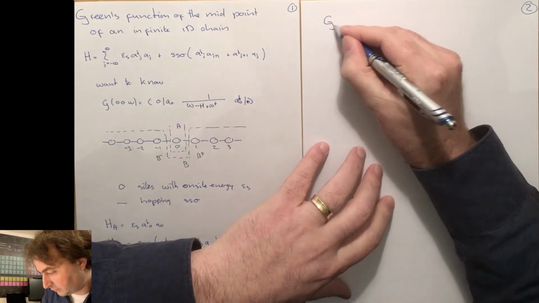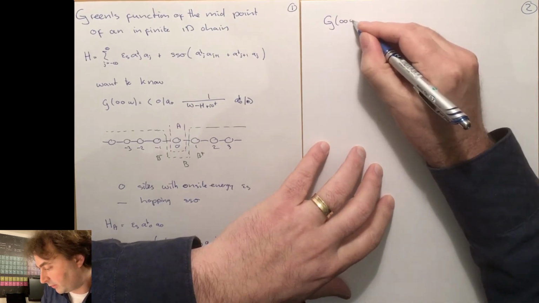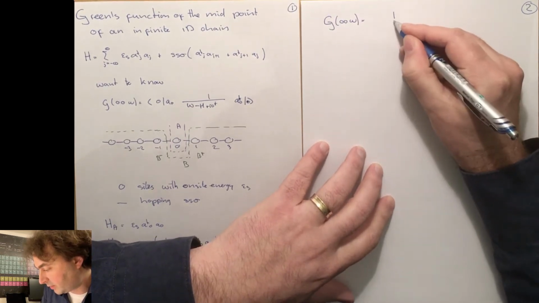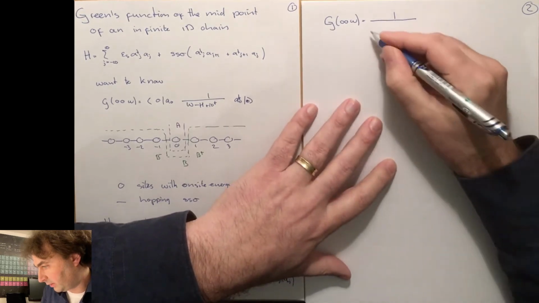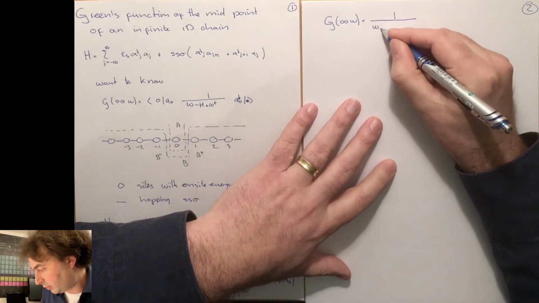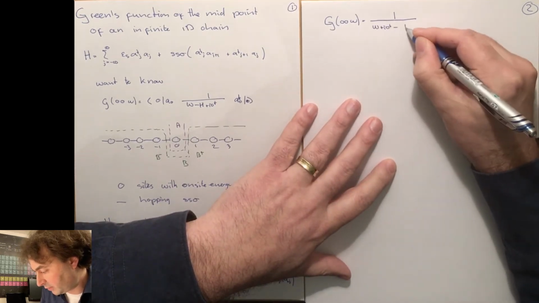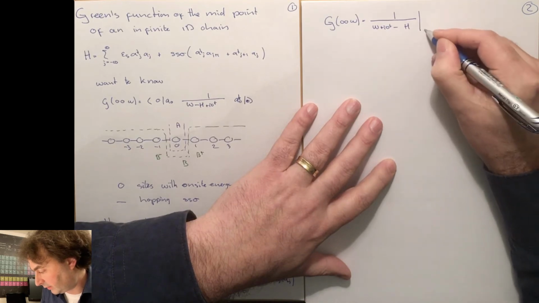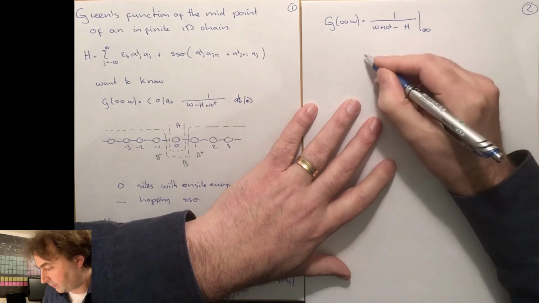So our Green's function can be expressed by an element of the Green's operator in matrix notation, and we look at element 0, 0.